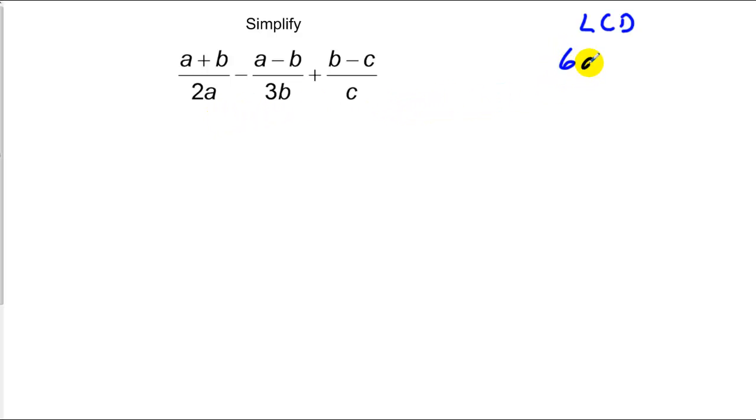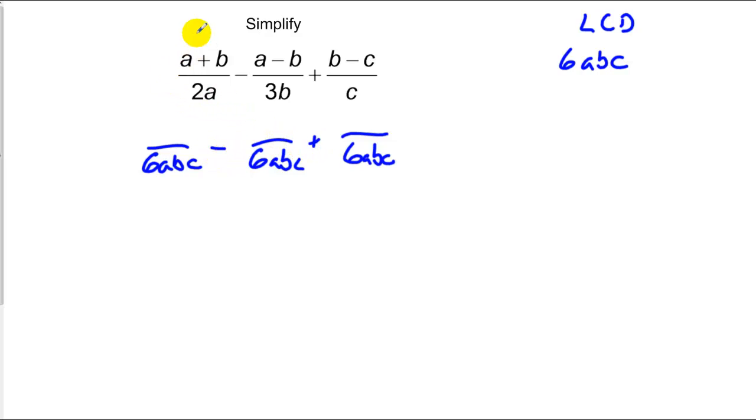So I have a 6, A, B, and C. So I'll rewrite that under each term. Figure out what I need to multiply by. So in this case, I'm missing a 3, a B, and a C.